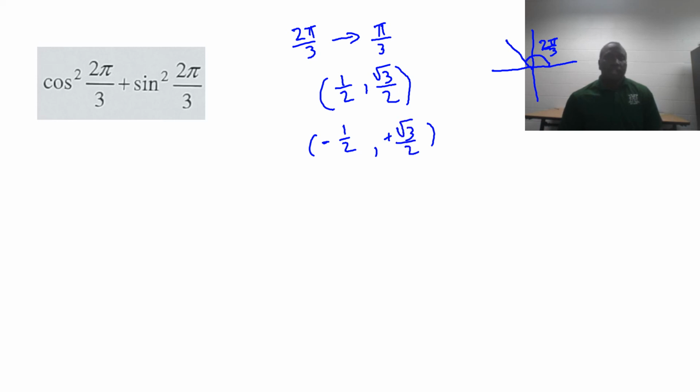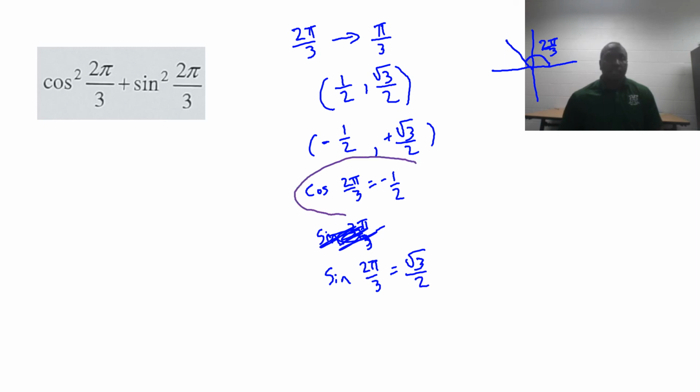So what does that mean? Well, it means that the cosine of 2 pi over 3 is negative 1/2, and that the sine of 2 pi over 3 is going to be a positive radical 3 over 2.